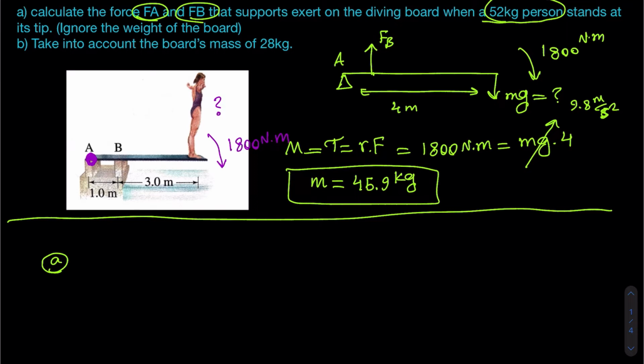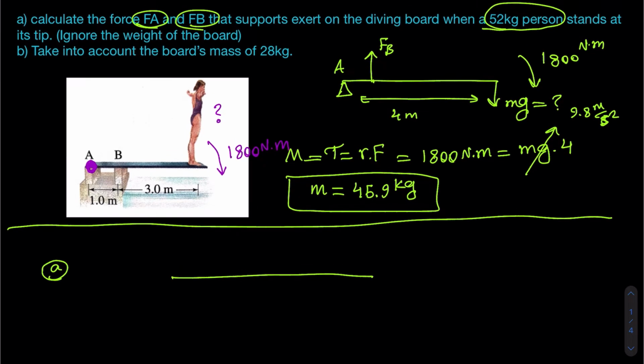So therefore we will use this. There is a person, 52 kilograms, acting mg here, and this part is support B, and this part is support A.